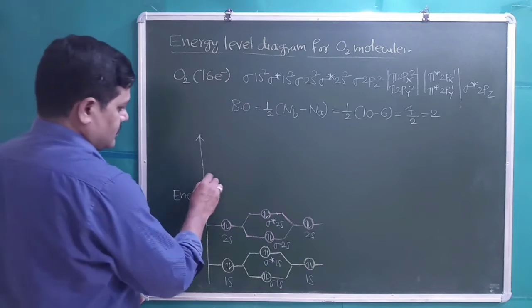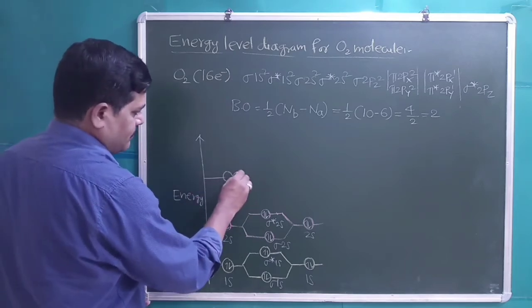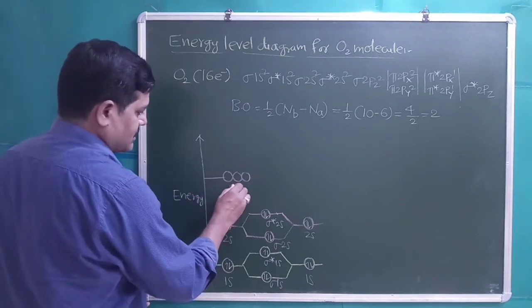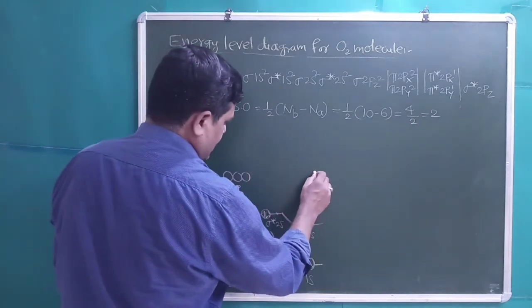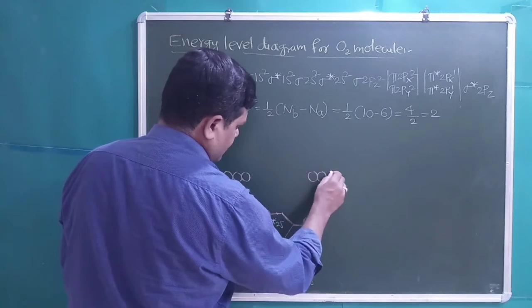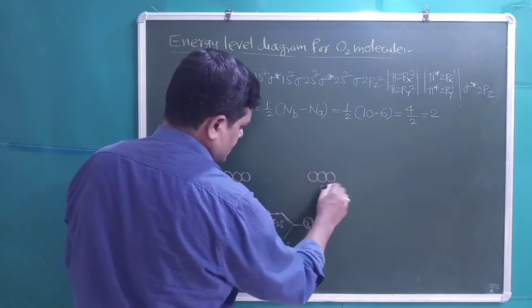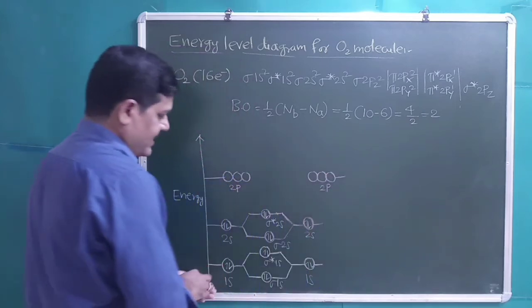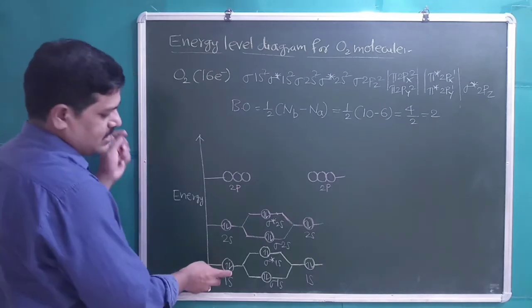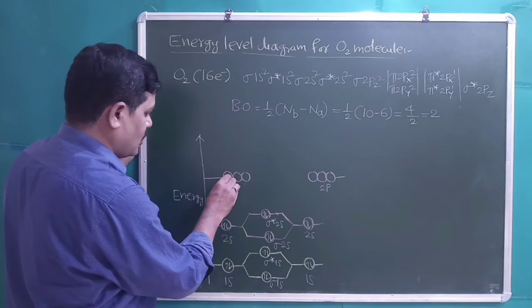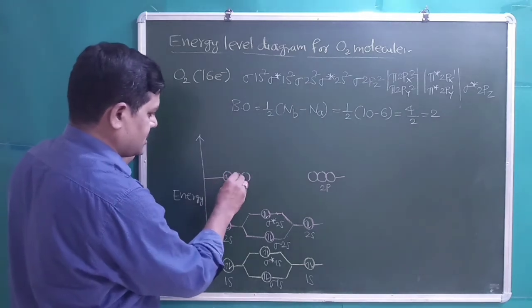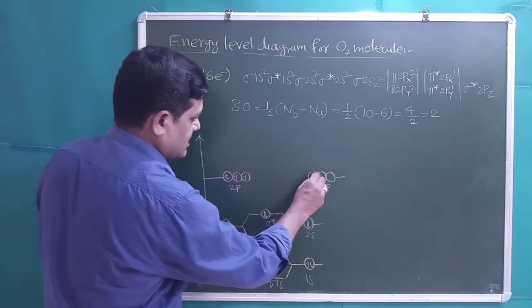Next level, the 3 2p orbitals of one oxygen atom will combine with the 3 2p orbitals of another oxygen atom. The electronic configuration is 1s2, 2s2, 2p4; it has a 2p4 configuration.